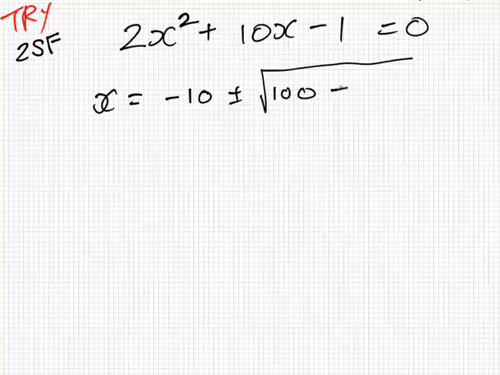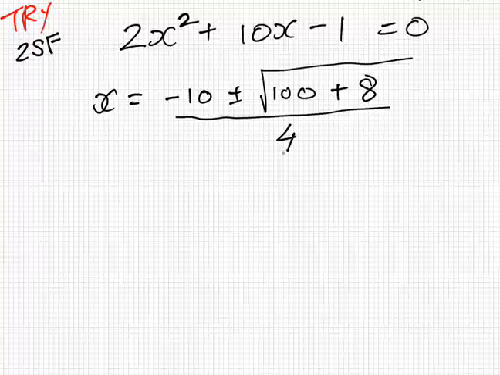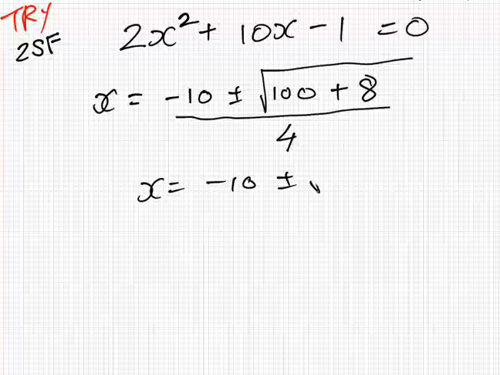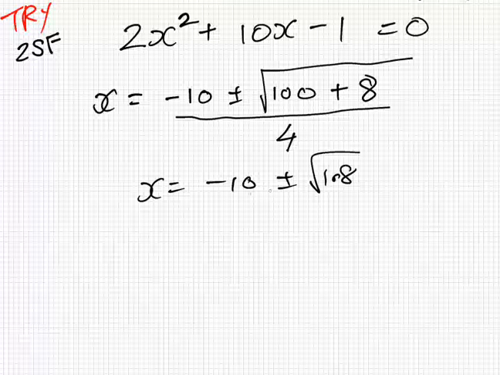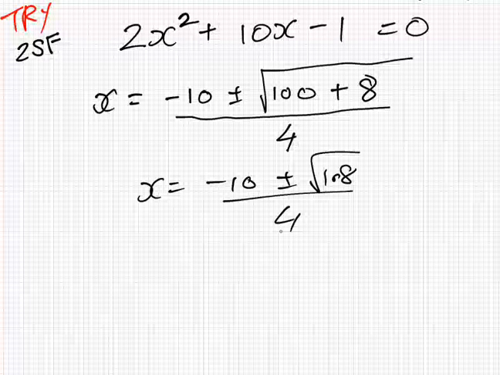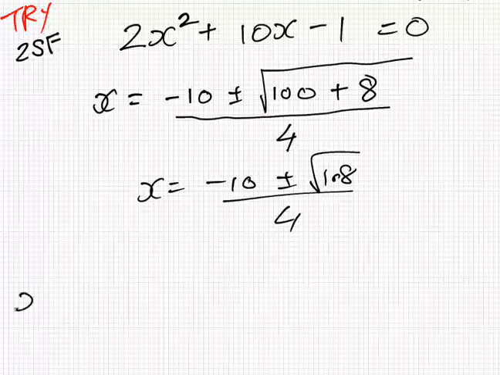But if there's no decimal places, that means you didn't need to use this formula. You could have factorized. So I don't think that would happen. Don't worry about that in the exam. But to answer your question, you don't need to round. So you don't have to worry about it in that case. All right. We'll do some examples now.